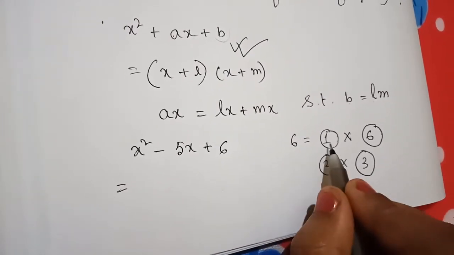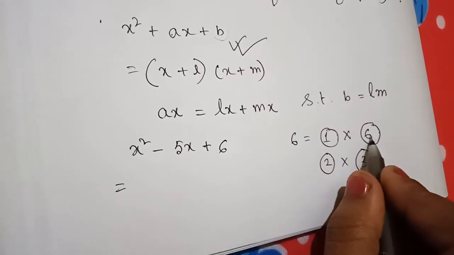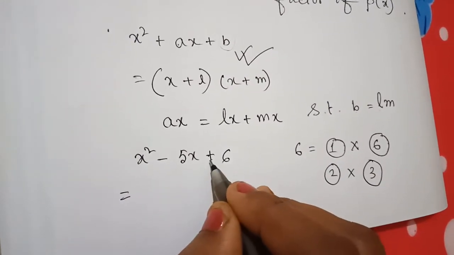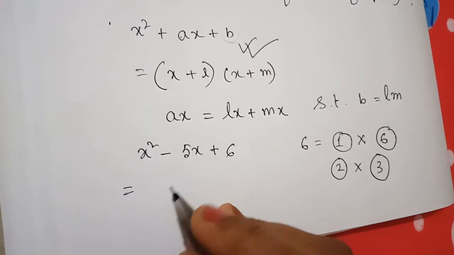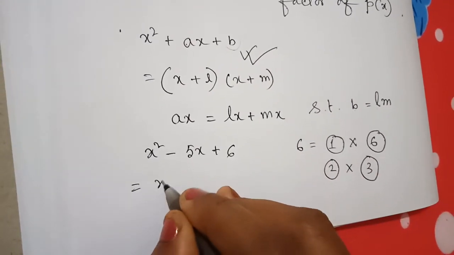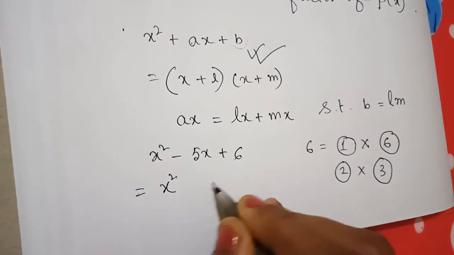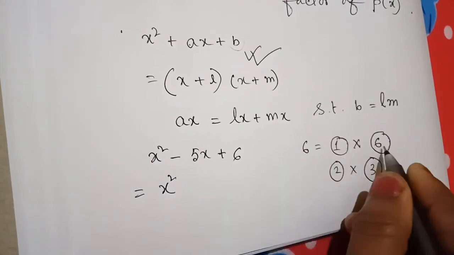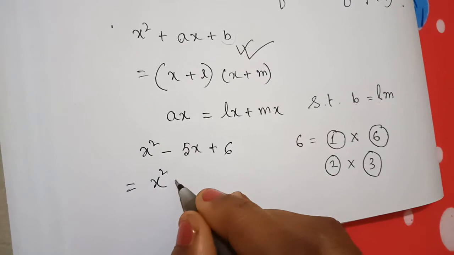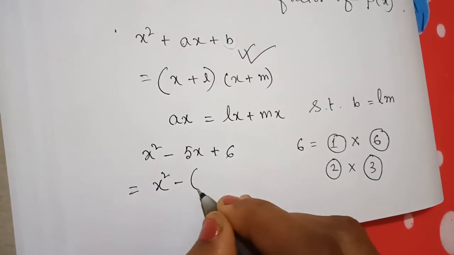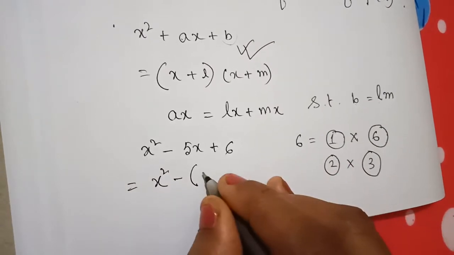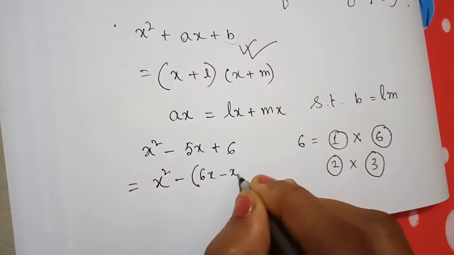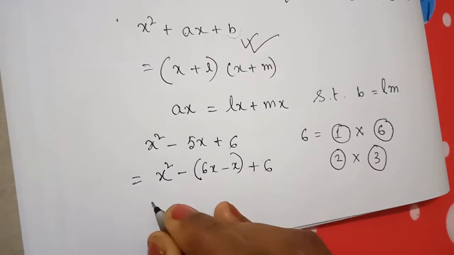But if we are taking 1 and 6, then the sign will give us a problem. I'm just giving you a very simple explanation here. Suppose I'm taking 1 and 6, the minus 5 is there. Now 5 can be written as 6 minus 1, so it's actually minus 6x plus x plus 6.